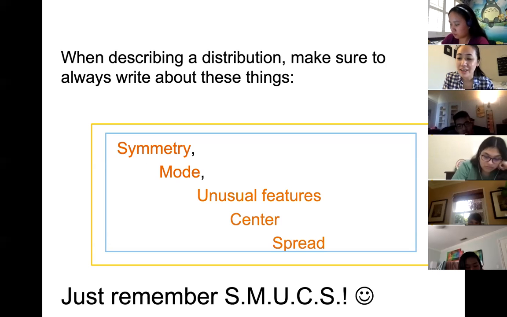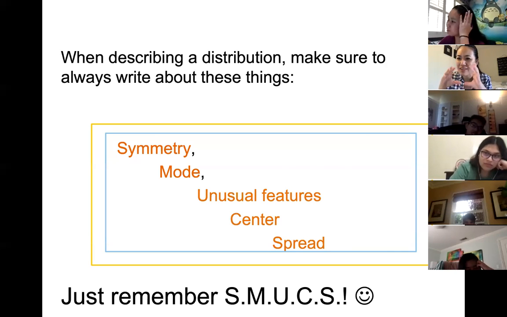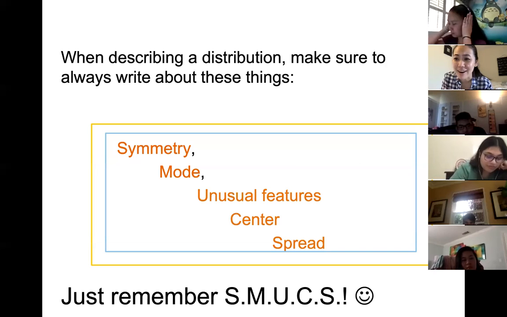So put those together and just remember the acronym SMUX. I think there's a peanut butter and jelly brand, Smuckers. I don't know if that's the right word, but SMUX. That's your acronym for this.